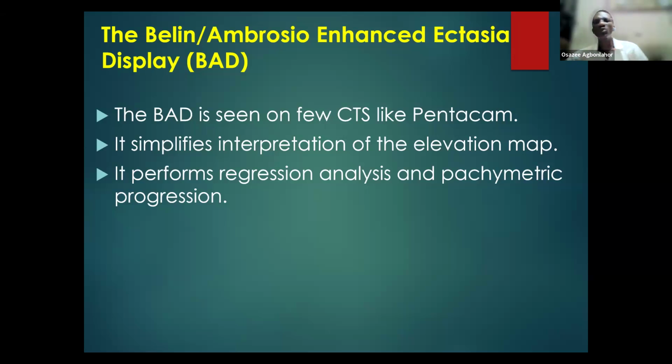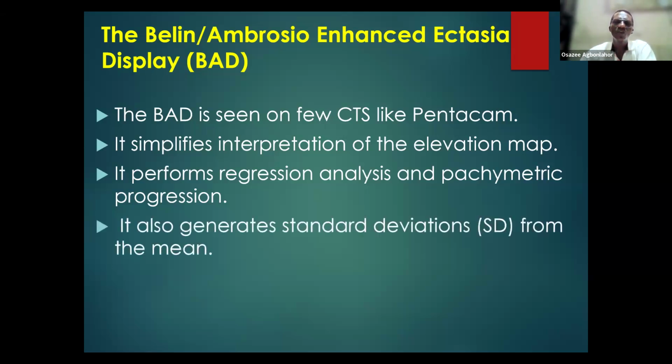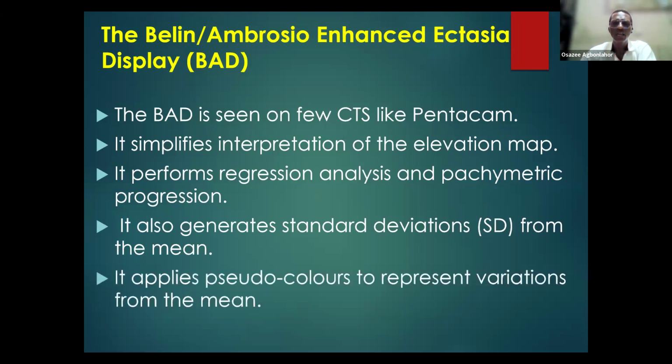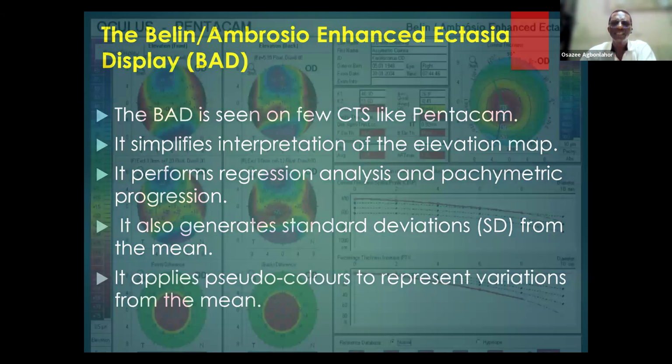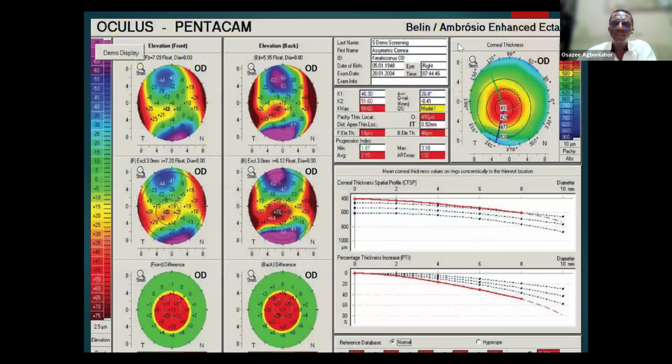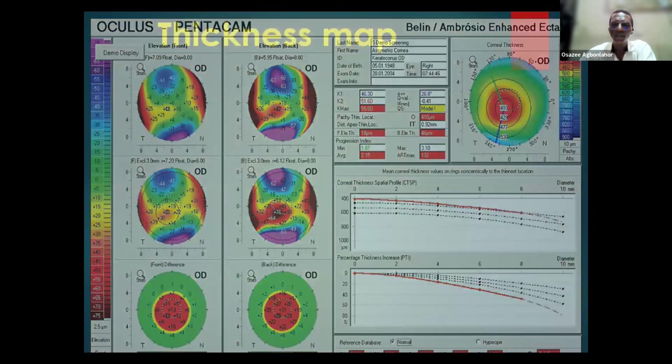It gives you a projection, and tells you how far this patient's corneal thickness or this patient's elevation map has gone compared to the normal for that patient. So it actually gives you standard deviations from what is expected for that population, and it presents it in a graph as seen here. What you see here is a BAD map, and this is the graph it gives you. It plots this graph for the corneal thickness, and of course percentage thickness as seen in the lower graph there.